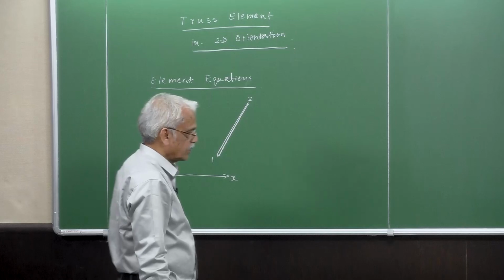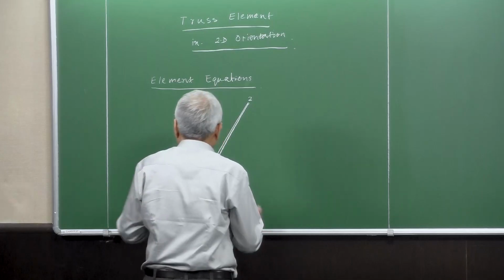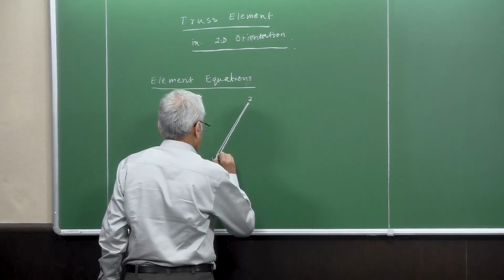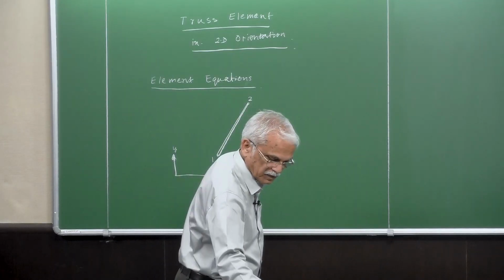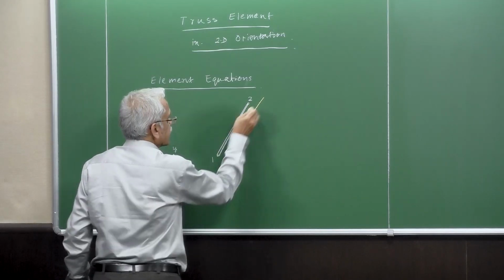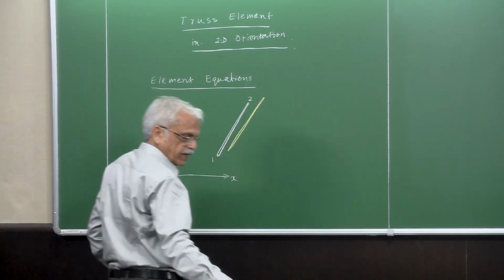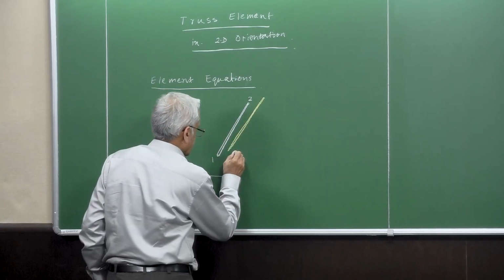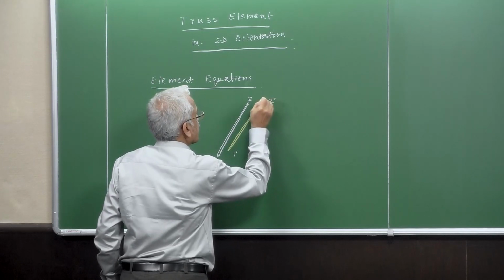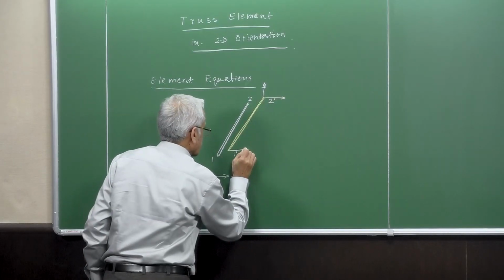And here, this is now under the action of forces, and because of these forces, this is going to undergo a deformation like this one. This is the displaced configuration. So node 1 has gone to 1 prime, and 2 has gone to 2 prime under the action of two forces.